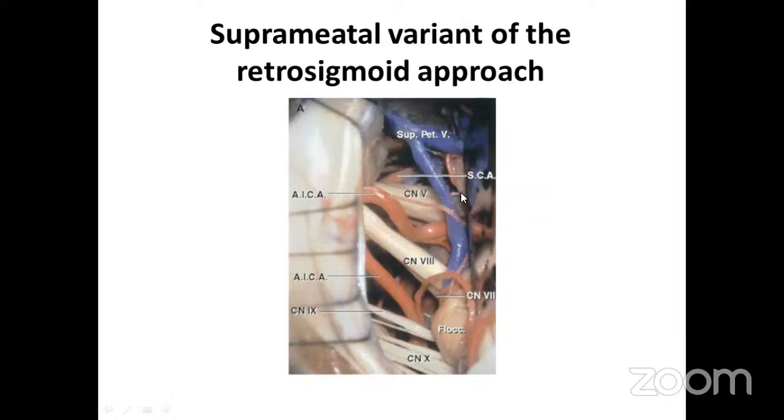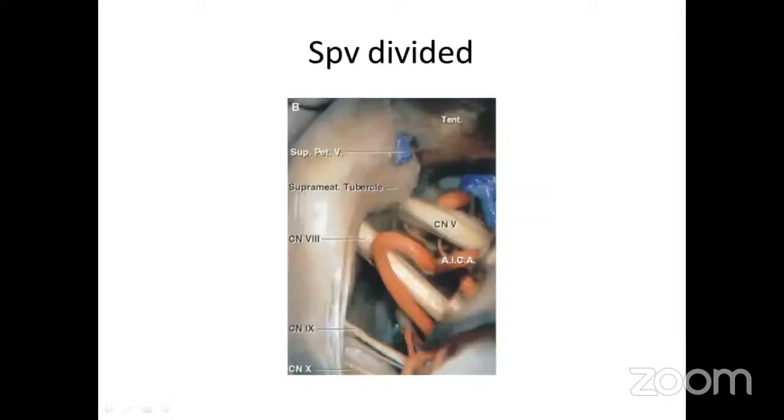So here we can see the relation of the cranial nerve 5 with the superior petrosal vein that opens into the superior petrosal sinus. So the anterior surface of the CP angle is bounded by the posterior surface of the temporal bone.